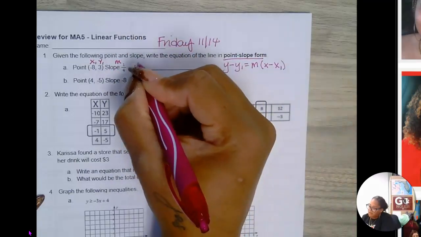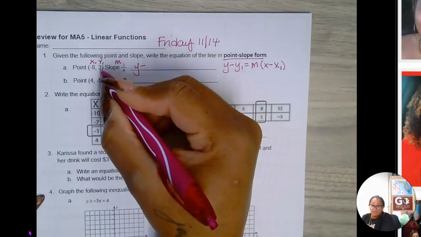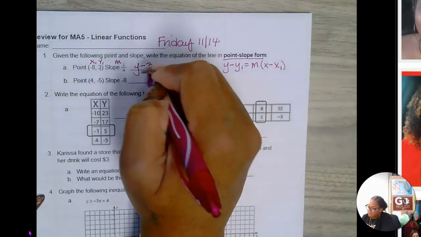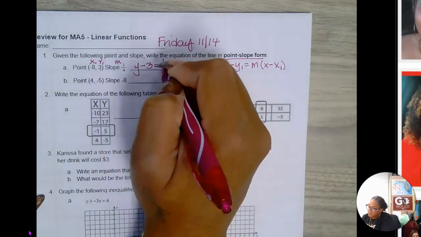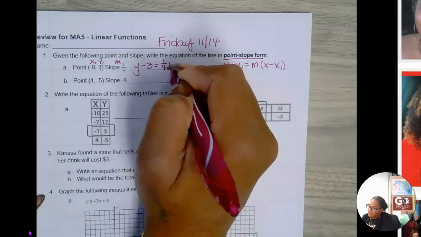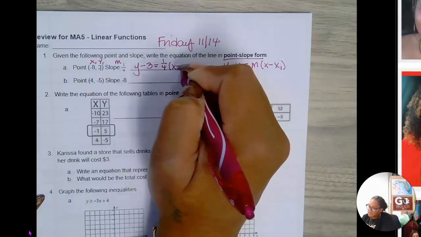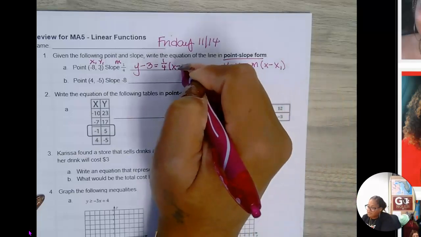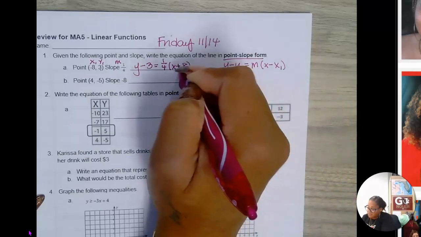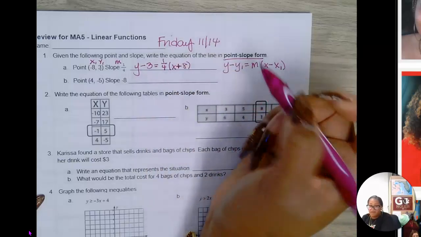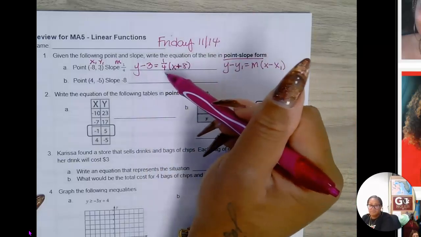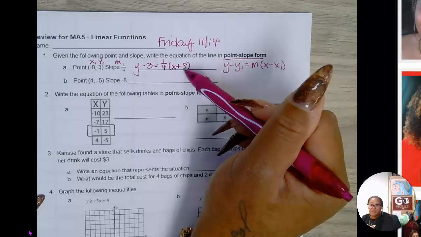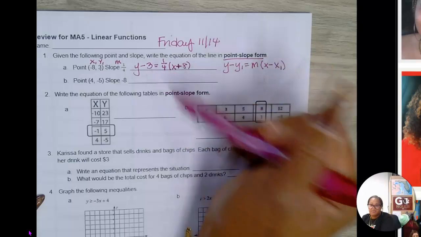So I will start by writing y minus 3 equals 1/4, parentheses, x minus. Now when I subtract a negative 8, it becomes positive 8. So I have to make note of that when I see it in point slope form, that this is actually a negative 8 on the line and this is a positive 3.